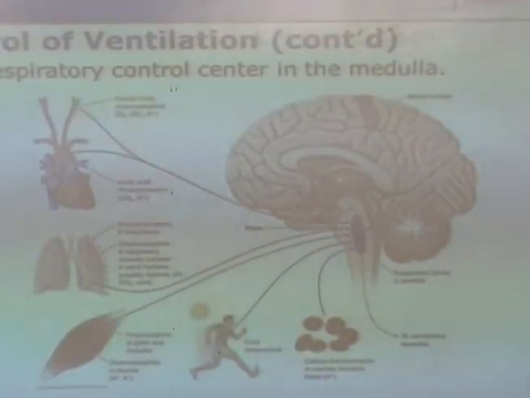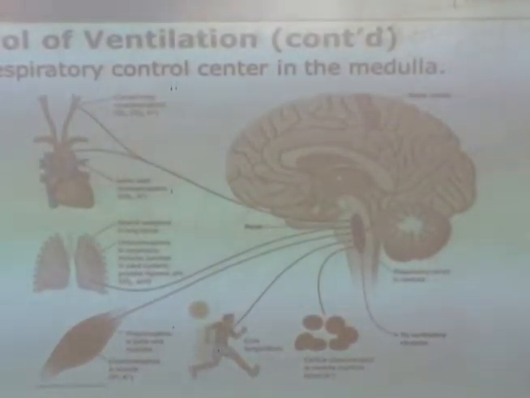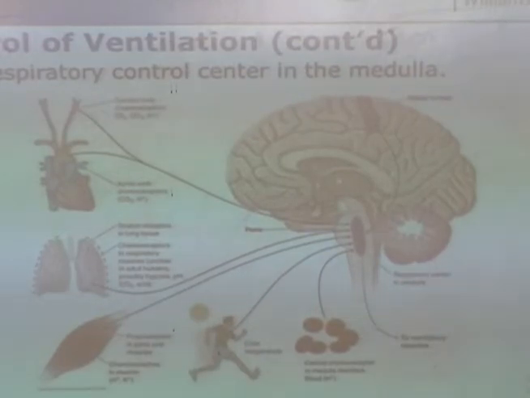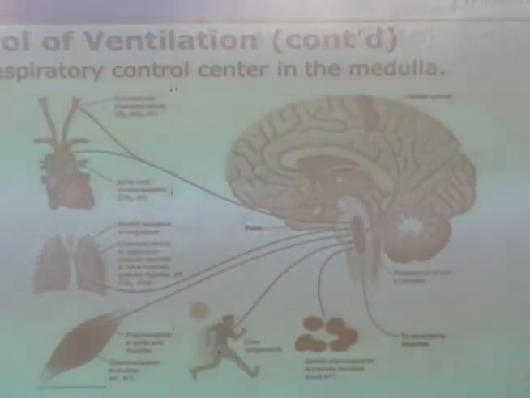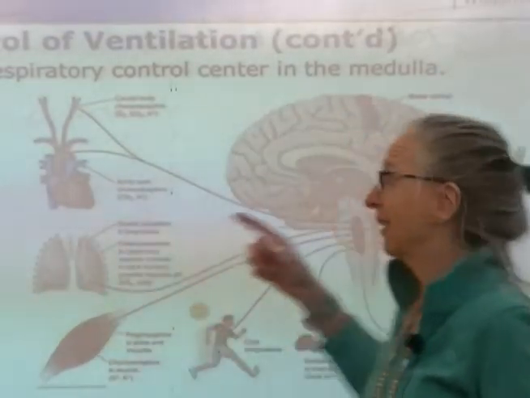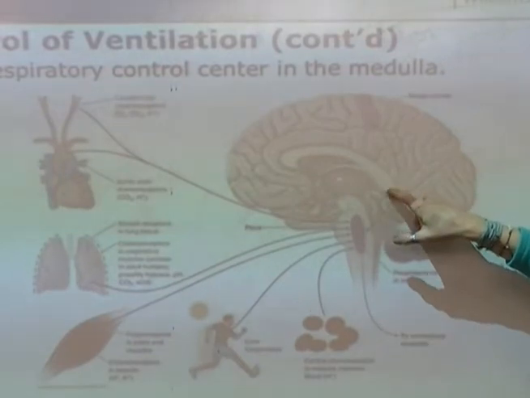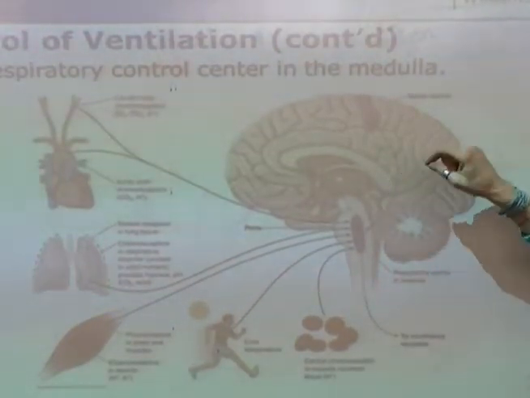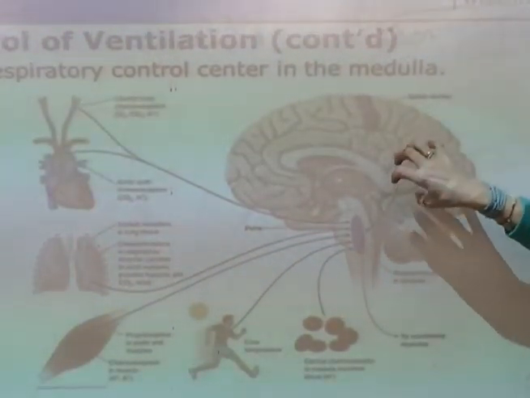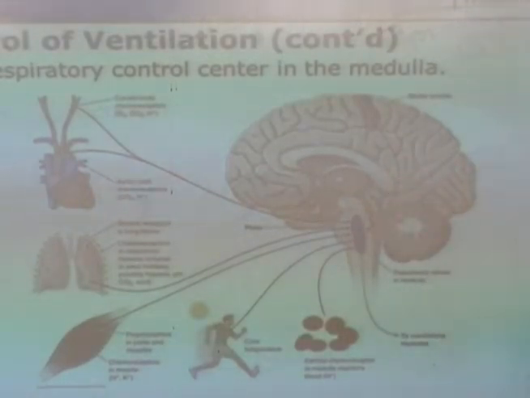So, if we want to, we can hold our breath, right? For a while. The reason people drown is because you can only hold your breath for so long, and at some point the involuntary control of your breathing will kick back in and make you breathe.